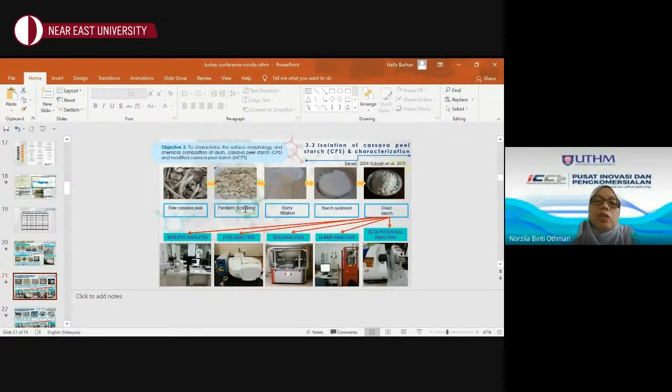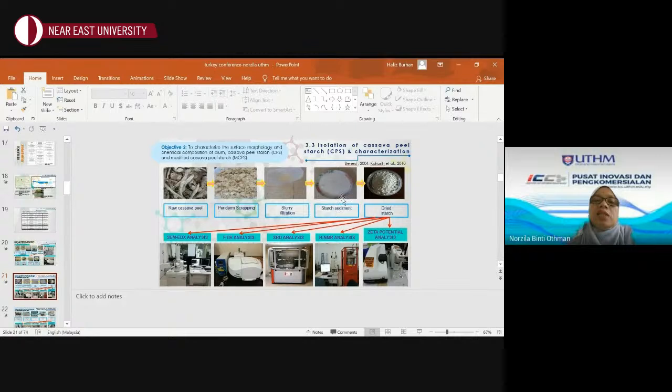This is the method to conduct objective 2, that is to characterize the surface morphology and chemical compositions of alum, CPS and also CPS. From the raw cassava peel, it will be scraped. Then the scraped material will be prepared into slurry and filtered.